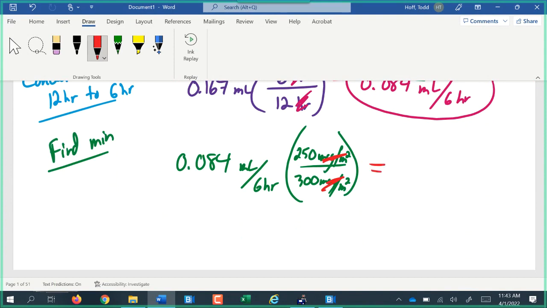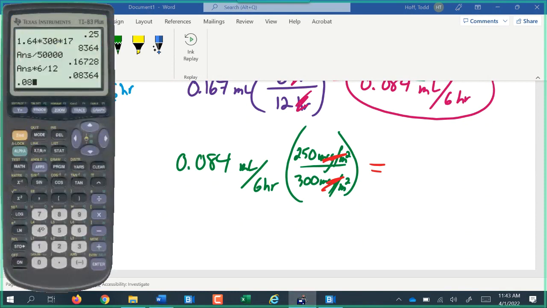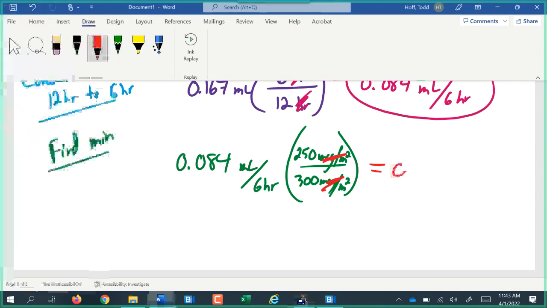We have 0.084, and I will punch that back in as 0.084 times 250 divided by 300, giving us 0.07 milliliters.